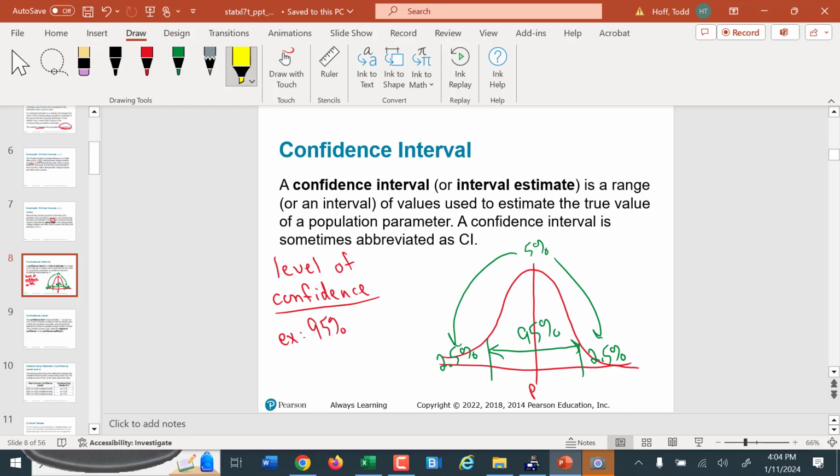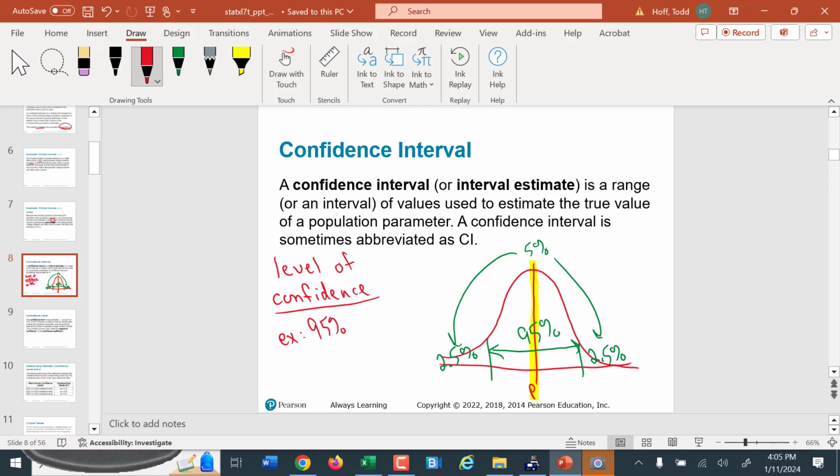Well, because we don't know the actual population proportion, we don't know where the center of this interval is. But we can estimate the standard error using either a known estimate of the population proportion or just a worst case scenario, which we'll look at later on in this section.